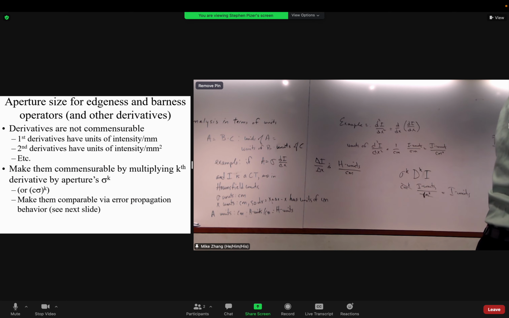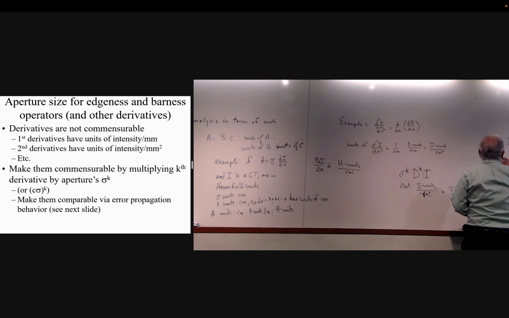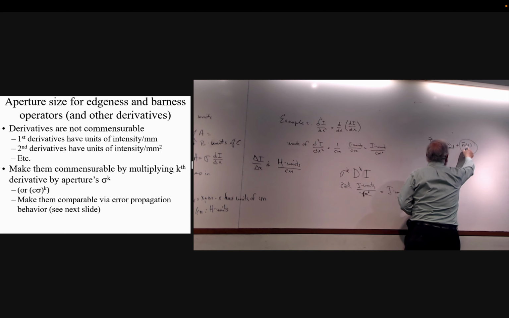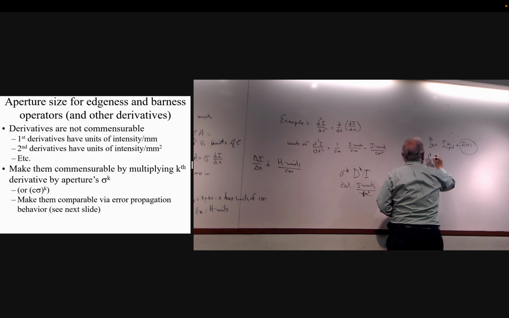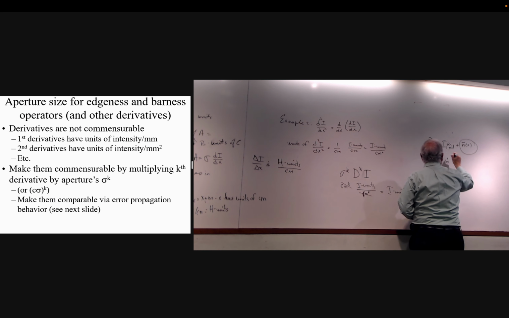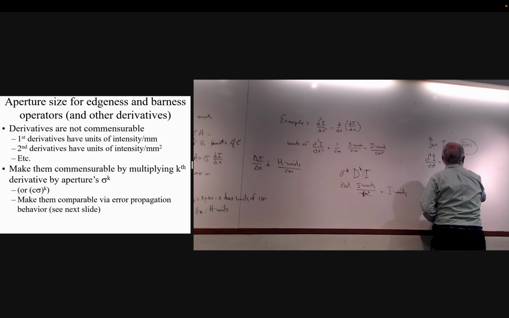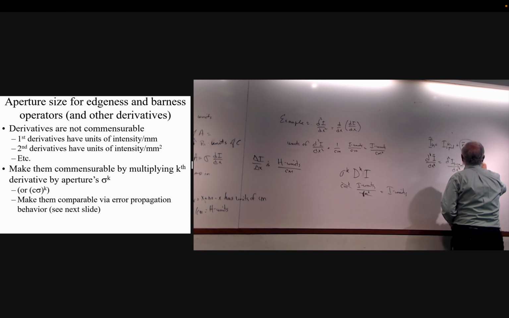Okay, so the upshot is when we are taking derivatives of this image, let's say in one dimension, just to make life simple, if we have d^k I by dx^k, that's going to be d^k of the I signal by dx^k plus d^k of the noise by dx^k.